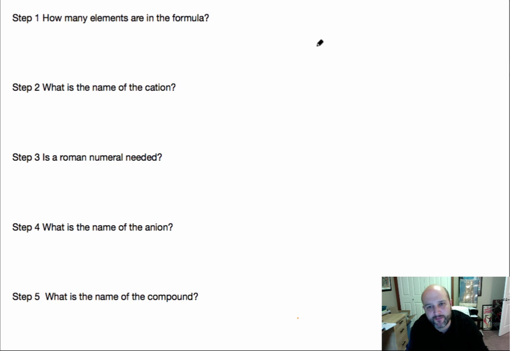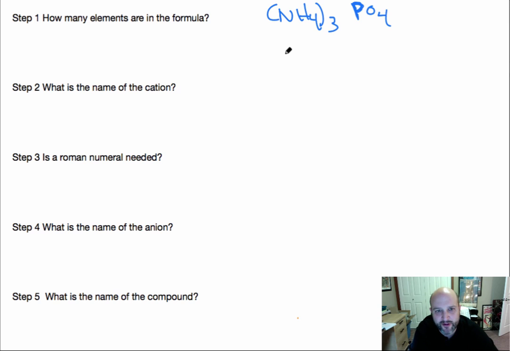This one has some ionic compounds, so it's going to be NH4 in parentheses 3, because that means 3 NH4s, so there's 3 N's and 12 H's, and then PO4. We recognize this from our book, a table of polyatomic ions, as being the ammonium cation and the phosphate anion. How many elements are in the formula? A lot. 1, 2, 3, 4.